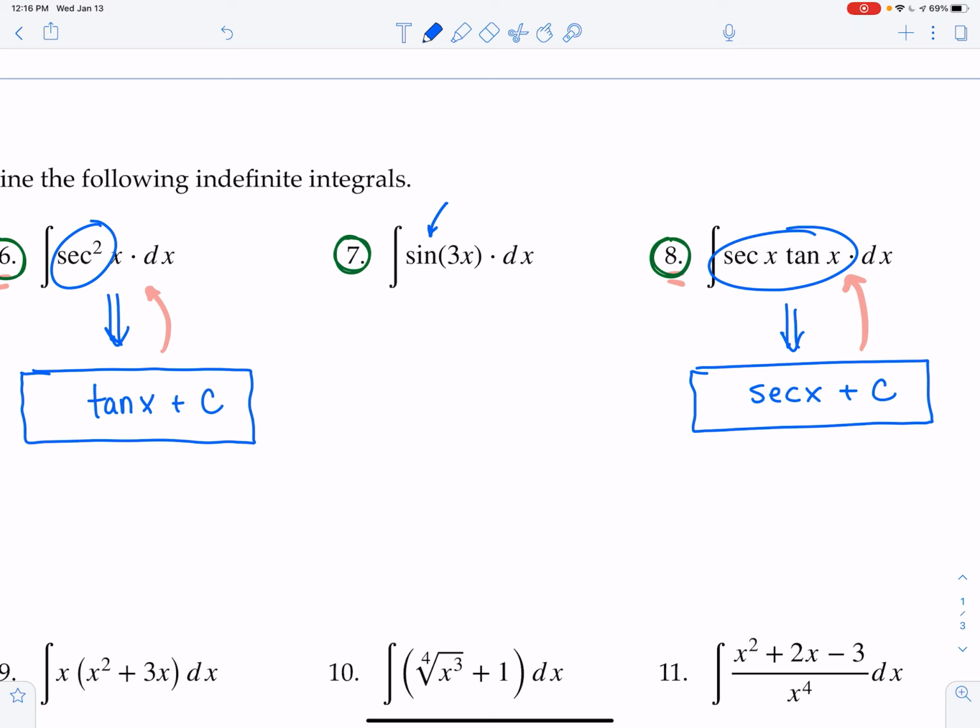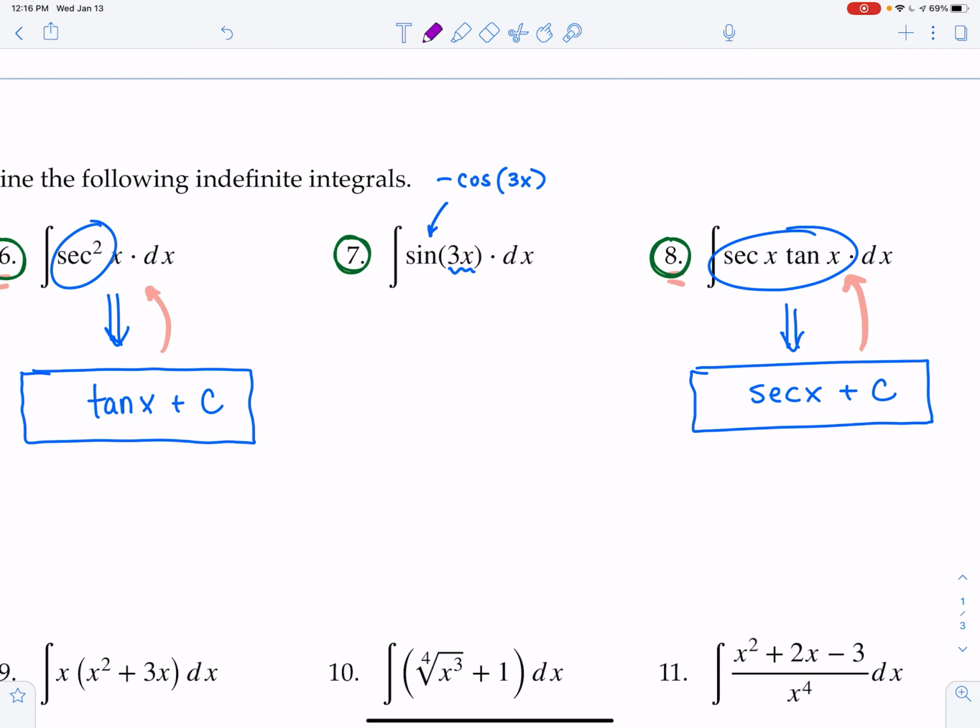I kind of draw an arrow down saying, okay, the derivative of what function gives me the sine of something? And I know that the derivative of the negative cosine of whatever is in that parentheses gives me positive sine. And that's a start, but that's not all of it.